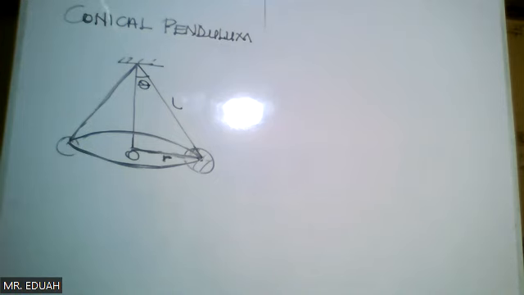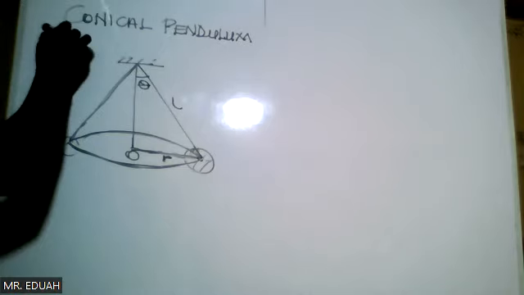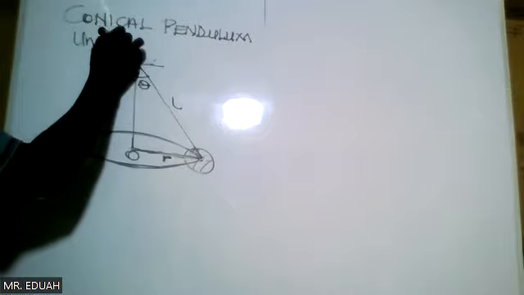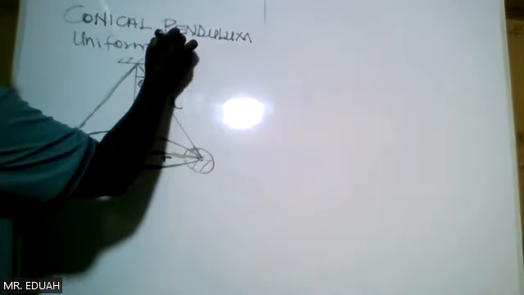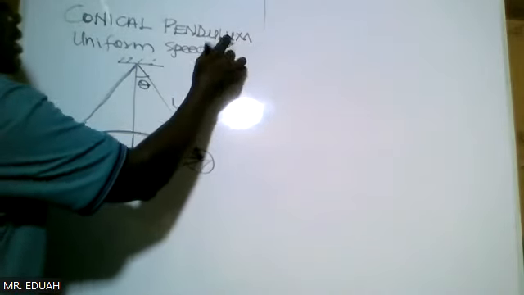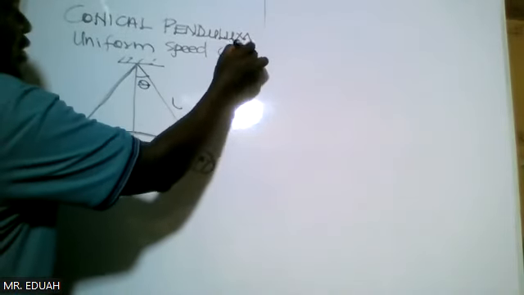I said a conical pendulum is also a uniform speed circular motion. So it is also an example of uniform speed motion, but circular motion.